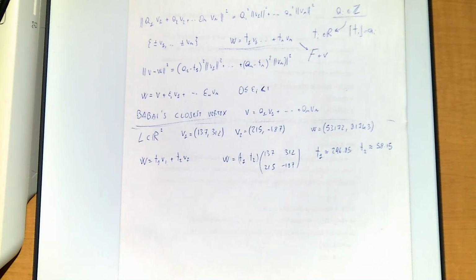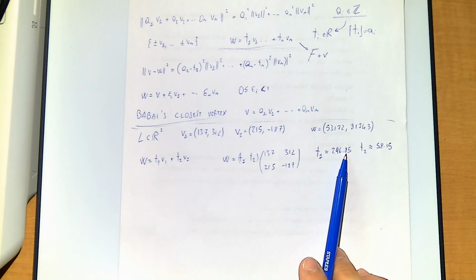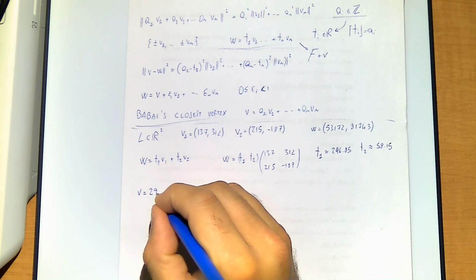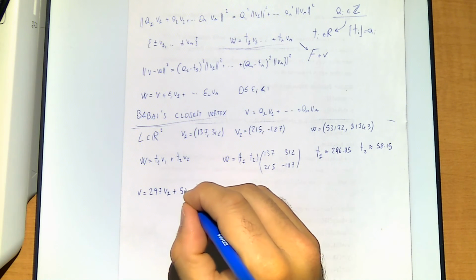Of course, again, it's dimension 2 and it's not cryptographically relevant, but with this basis, what we're going to do is round these. This we round up to 297. So we take V to be 297 V1, plus, rounding down, 58 V2.